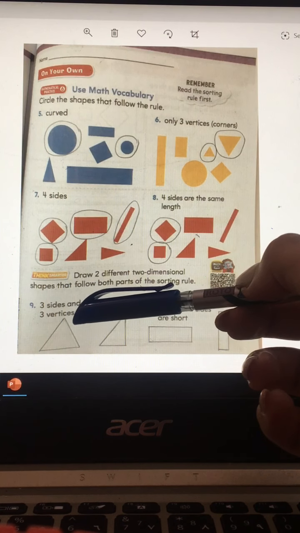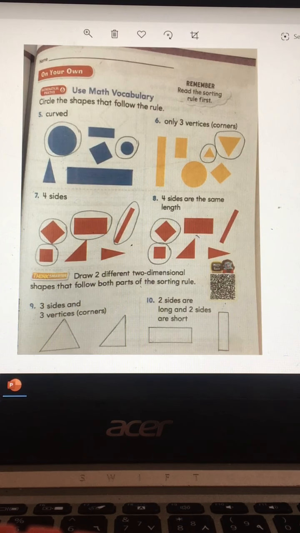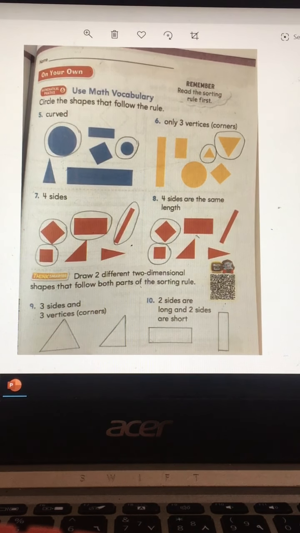Let's count the sides of the triangle: 1, 2, 3. The triangle also has 3 corners: 1, 2, 3. This is another 3 corners. So both rules are followed in my drawings, and that's why I am working in a correct way.